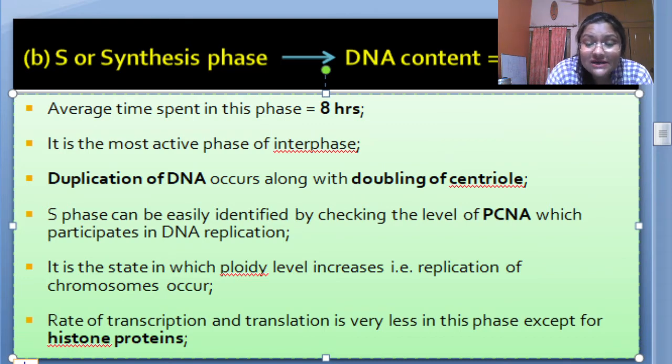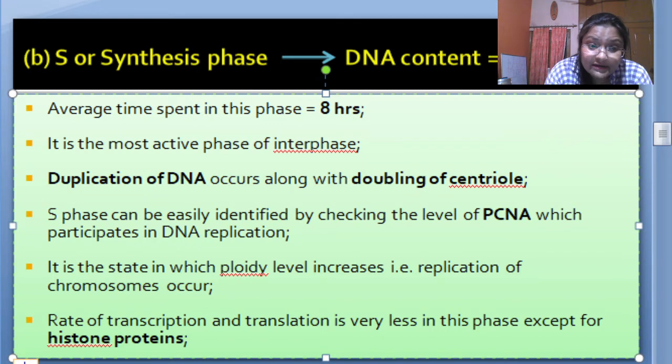If we want to check whether a cell is in S phase or not, then we can check the level of PCNA. PCNA is like a helicase loader, which participates in DNA replication. In this stage, ploidy level increases, like from 2n, the cell will move to 4n. The DNA content will become 4n, double.